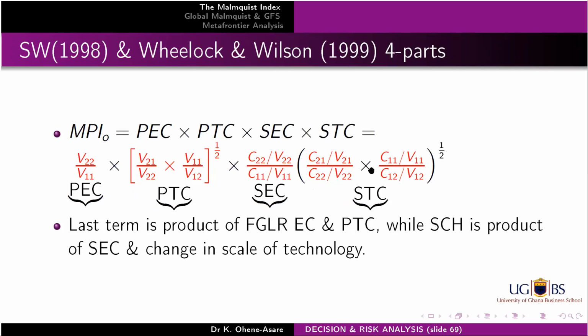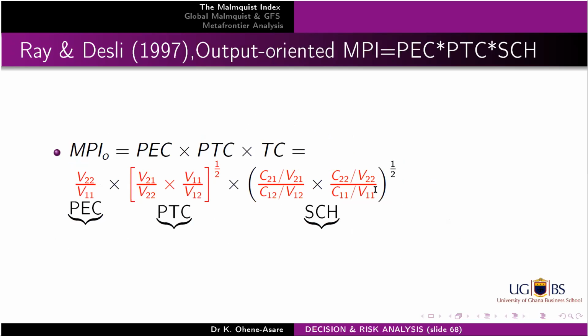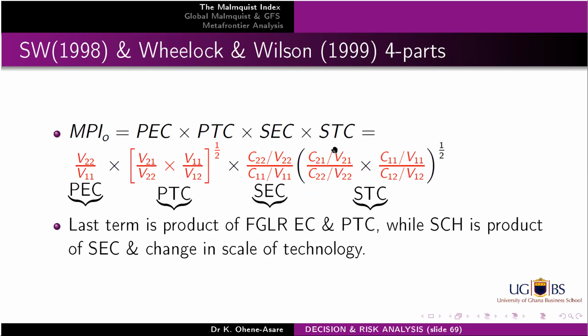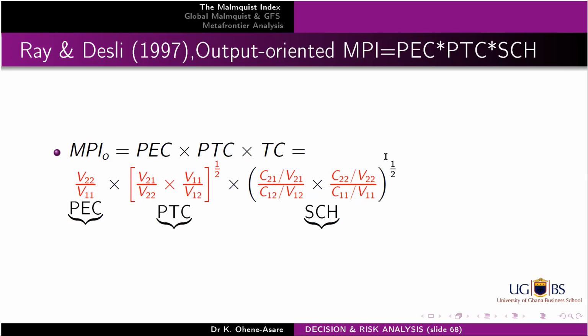Scale technical change. Now, if you look at their scale technical change, that is the only thing that is different from that of the rest. However, it is more or less like the scale efficiency change of the Ray and Desley. Look at it here. It has one part there times another one part there. But there's a slight difference.